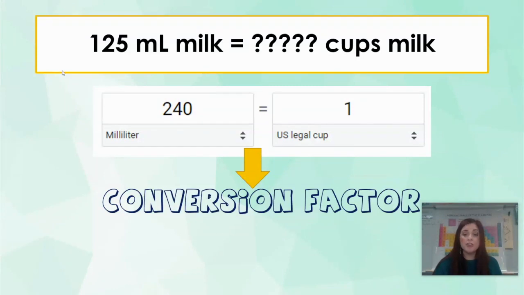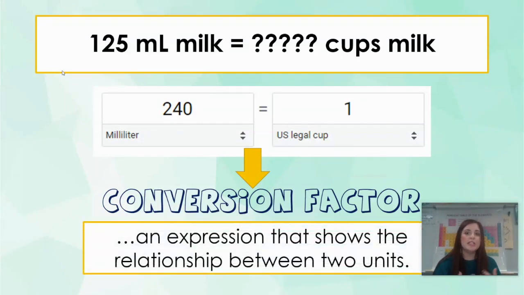A conversion factor is just an expression that shows the relationship between two units. Because I'm converting between milliliters of milk and cups of milk, I need to know their relationship with one another. And their relationship is represented by that conversion factor, which says that 240 milliliters of milk is equivalent to 1 cup.